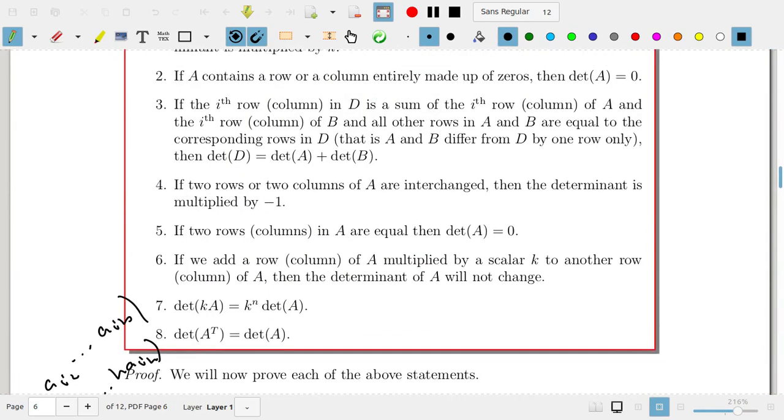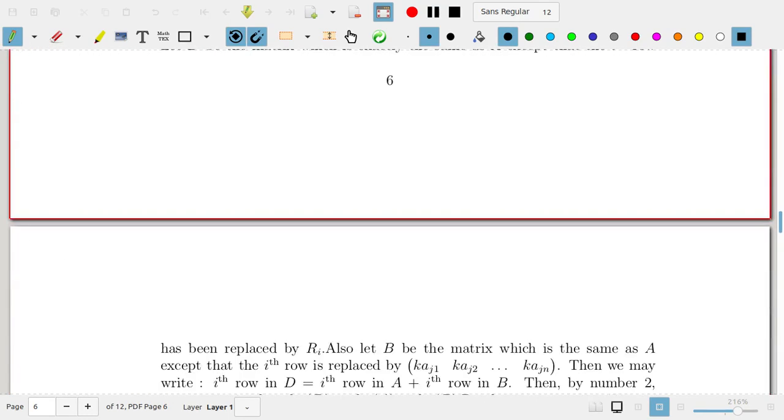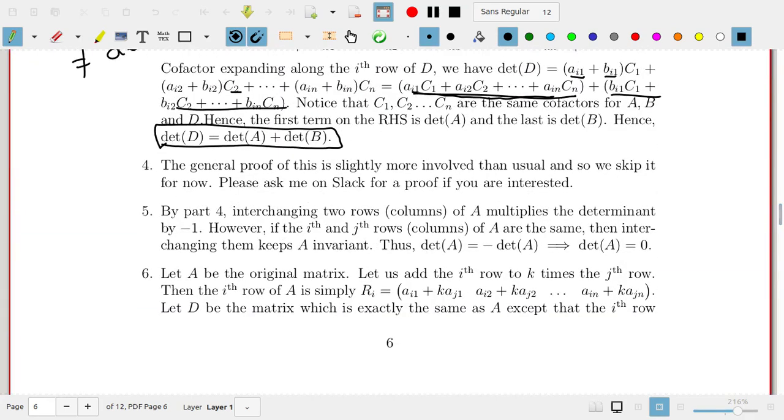If two rows or columns of A are interchanged, the determinant is multiplied by -1. The proof of this, again, I'm not going to do, as it is going to require a different definition.